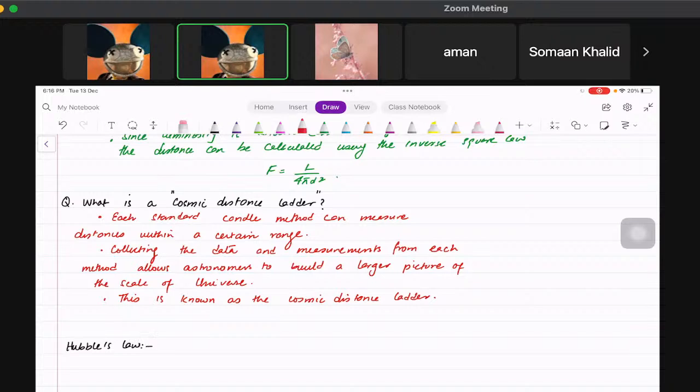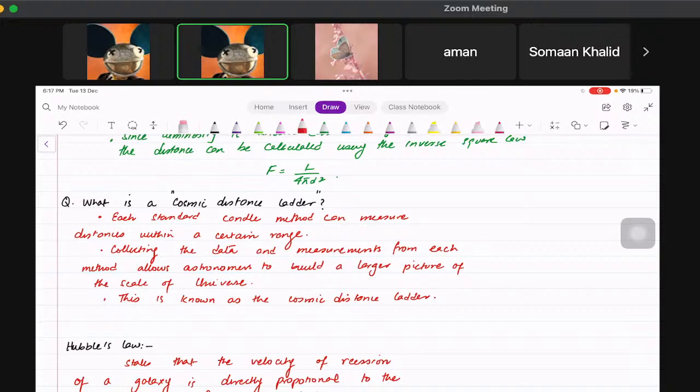Now, Hubble's law states that the velocity of recession of a galaxy is directly proportional to the distance it is from the Earth.